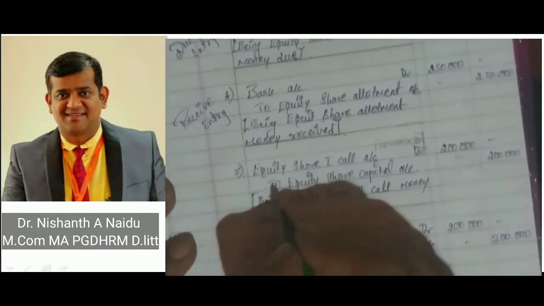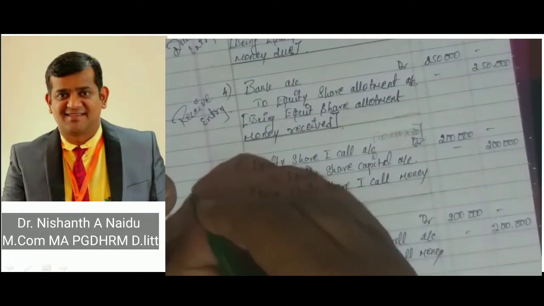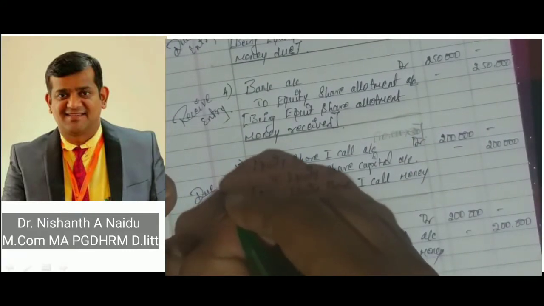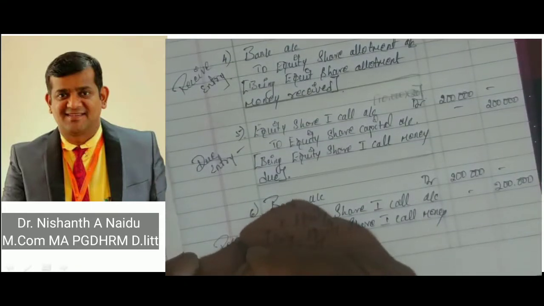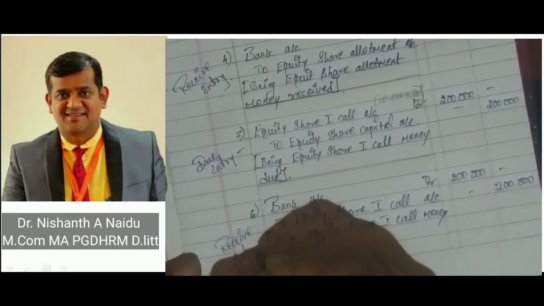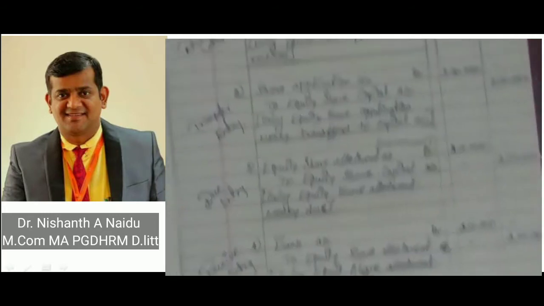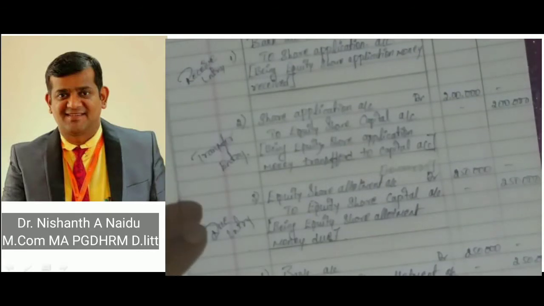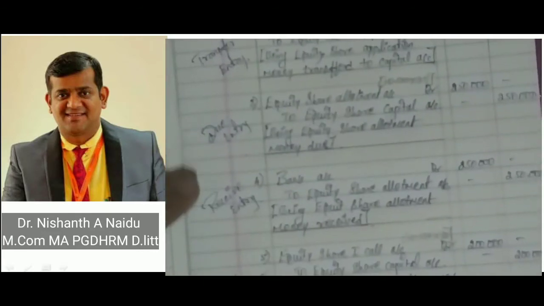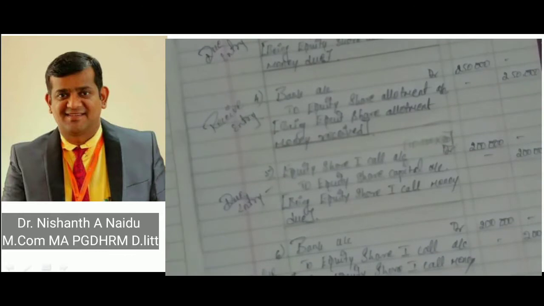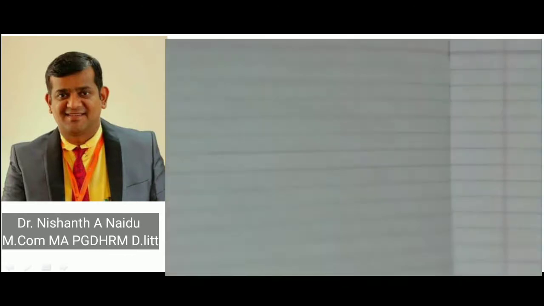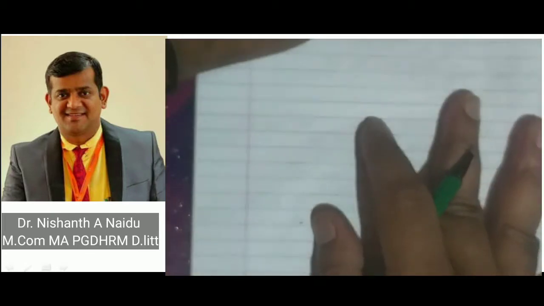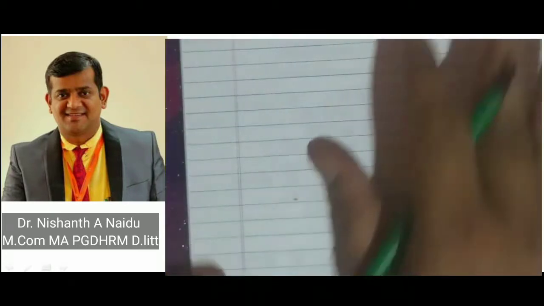Again equity share first call account, that is due entry, first call money due entry, and this is going to be a receive entry of first call money. So that is what I used to say: receive, transfer, due, receive, due, receive, due, receive. That is second and final call money. Due, receive we are going to pass now. Okay, so I have to pass other two entries.